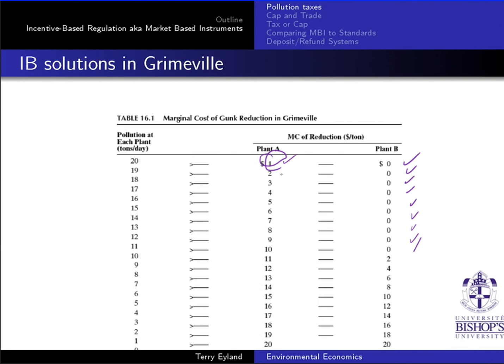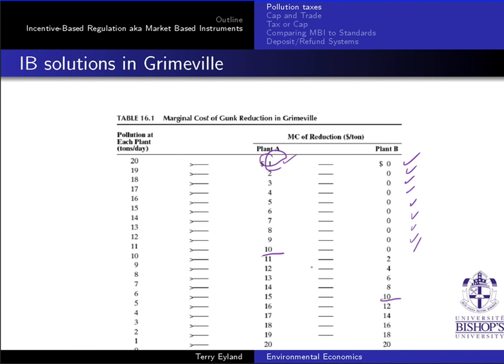But if I don't, I pay $10.50 in charges. So I would reduce all of these units, and even the one that costs $10 to reduce, because I'd rather not pay that $10.50 tax. But I would stop here. These units would still get produced because the cost of reducing them is greater than the tax. And for this firm here, I would stop over here.